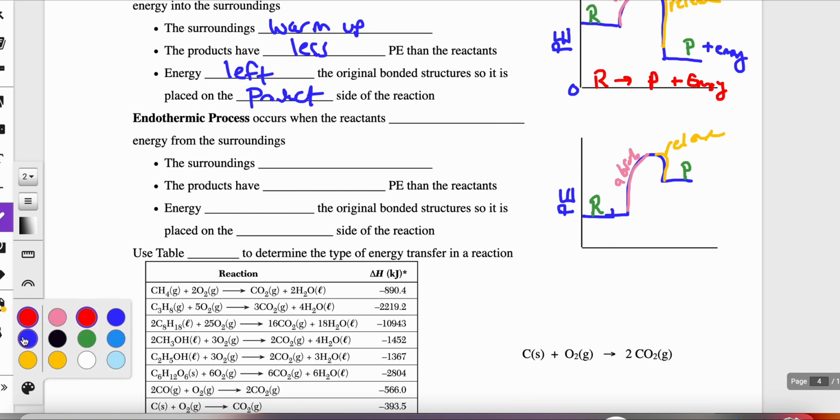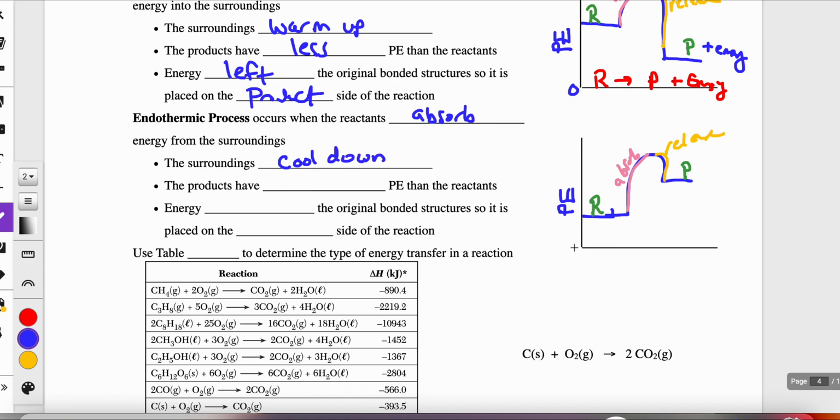Whereas in an endothermic process, when you take a look at those hills, the absorbed side of the hill is much longer than the released. So an endothermic process occurs when the reactants absorb energy from the surroundings. And as a result, energy is taken away from the surroundings, so the surroundings cool down.